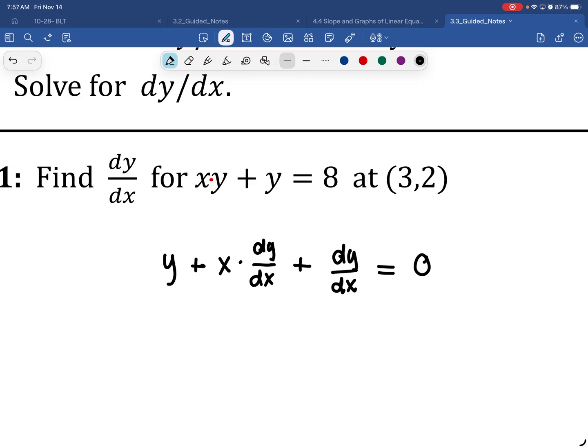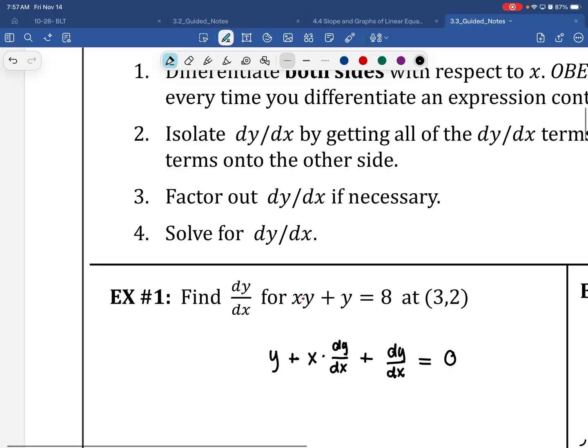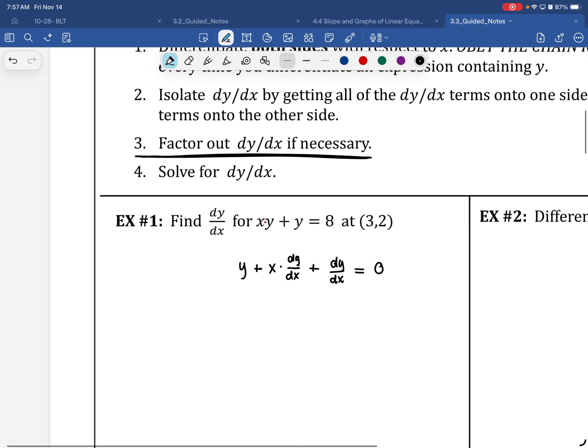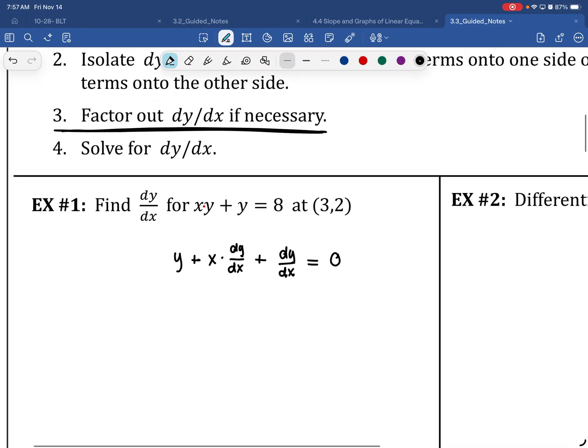Now this is a fairly simple one. If I was actually working this problem on an exam, I would go ahead and plug 3 in for x and 2 in for y. That'd be the easiest thing to do right here. But for the sake of these steps, I want to demonstrate the factor step. So I'm not going to plug in 3 for x and 2 for y just yet.